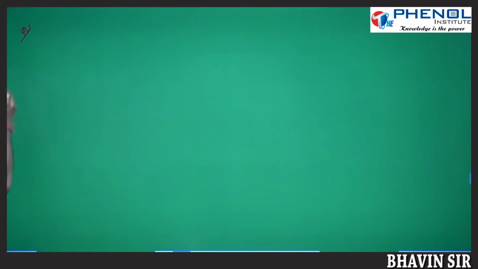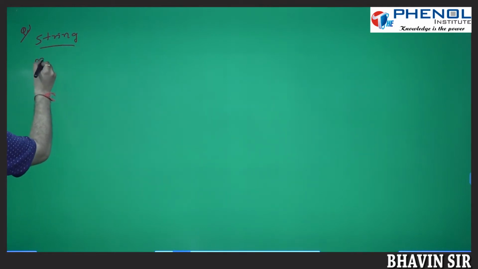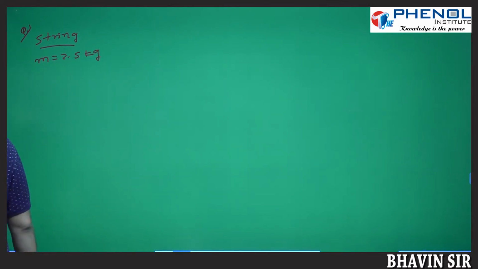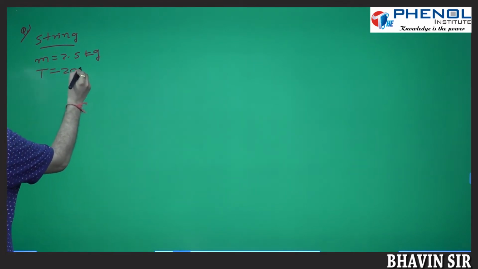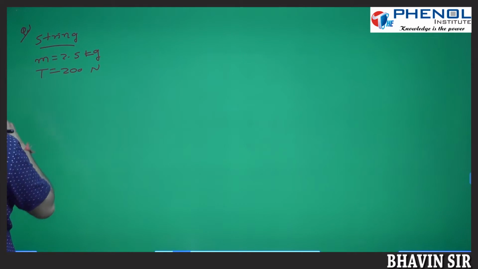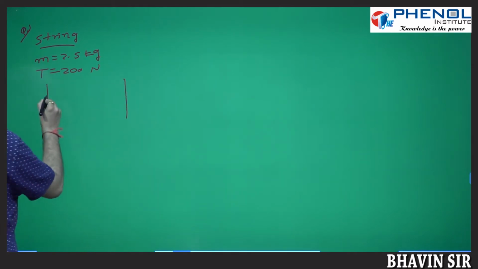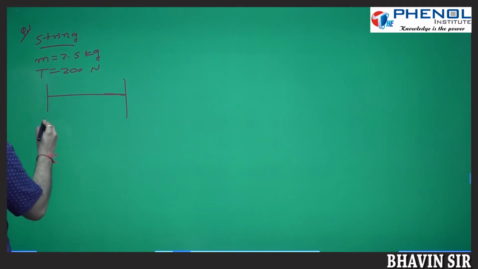See students, what is the question? A string of mass 2.5 kg is under a tension of 200 Newton. Suppose these are two rigid supports, and between them the string is connected.